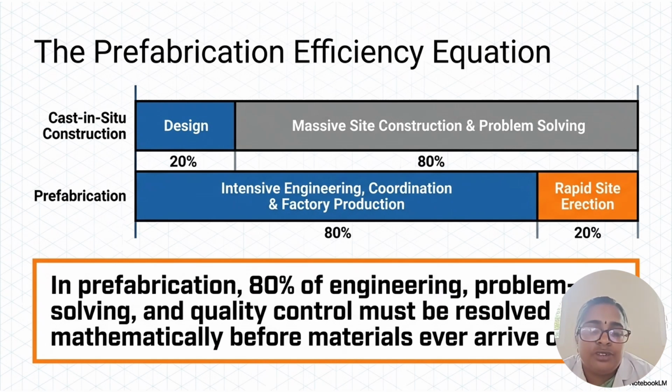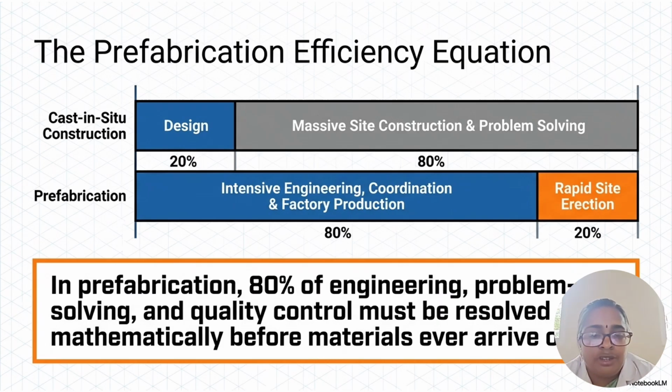The prefabrication efficiency equation is that in cast in situ construction, design involves 20% and massive site construction and problem solving is there, whereas in prefabrication, intensive engineering, coordination, and factory production is essential for 80 percent, and site erection is essential for 20 percent.